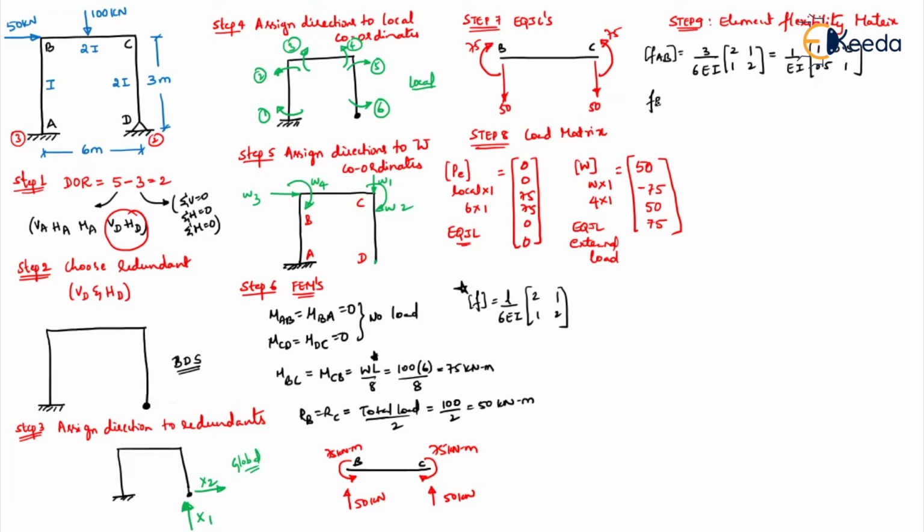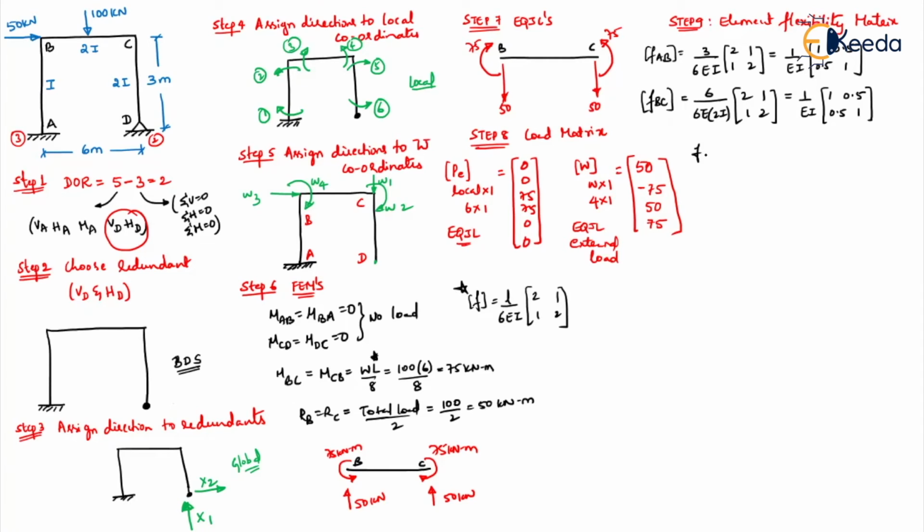Next for BC. So for BC, what is the length? Length is 6. 6E. I is 2I in this case. Okay. Then 2, 1, 1, 2. So it will be 1 by EI into 1, 0.5, 0.5 and 1.